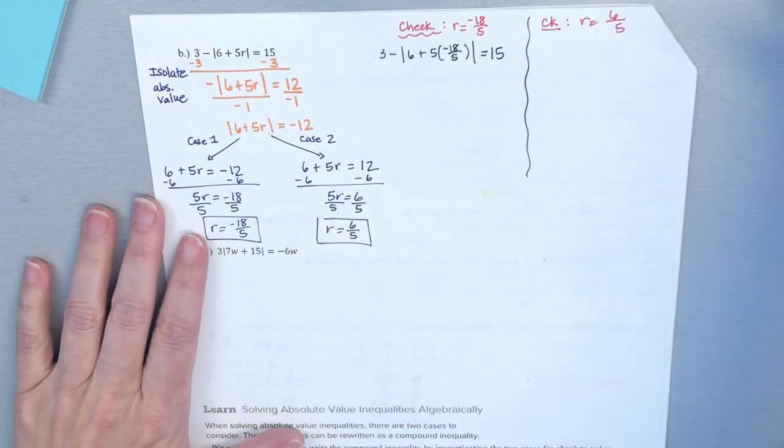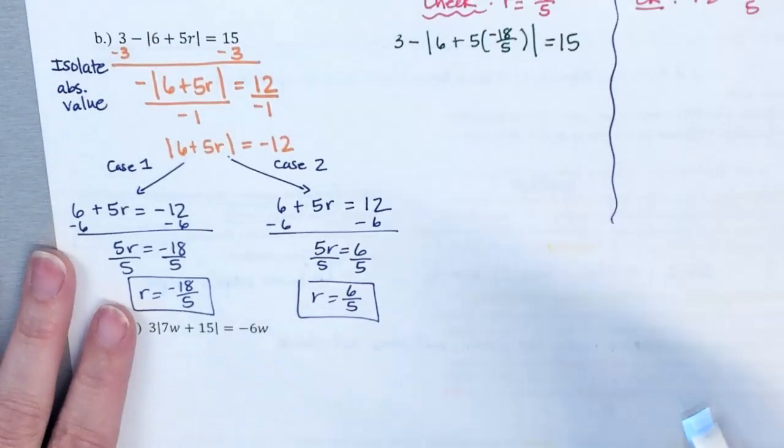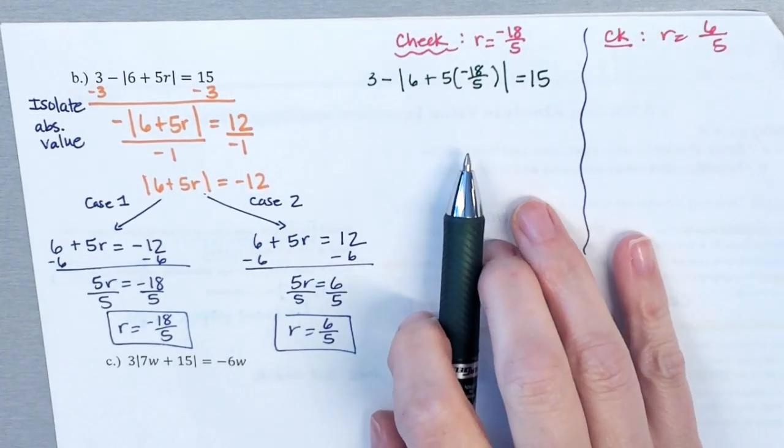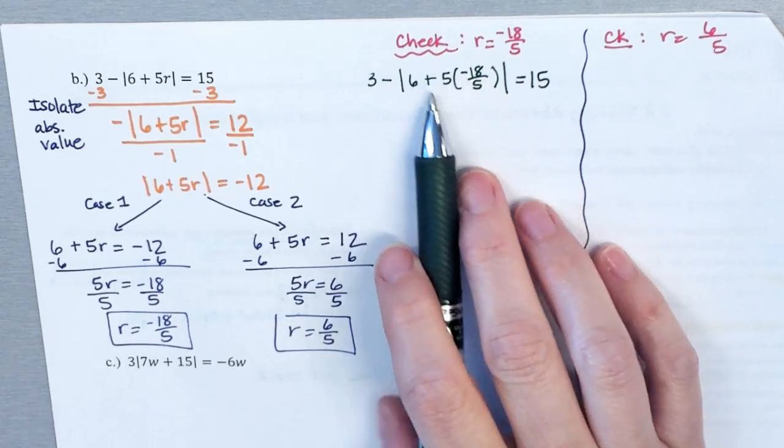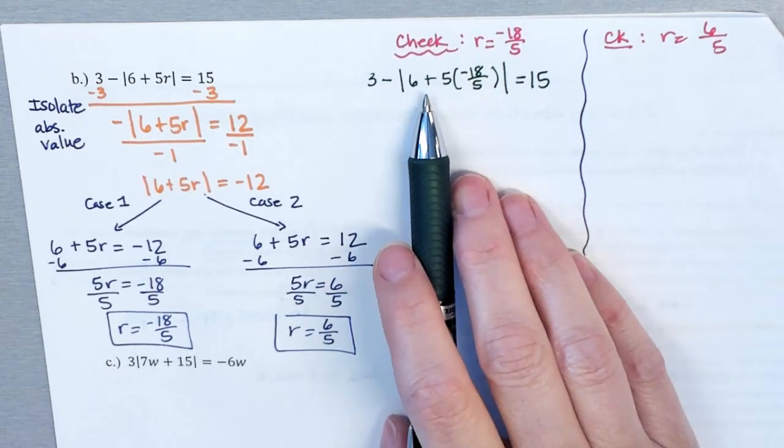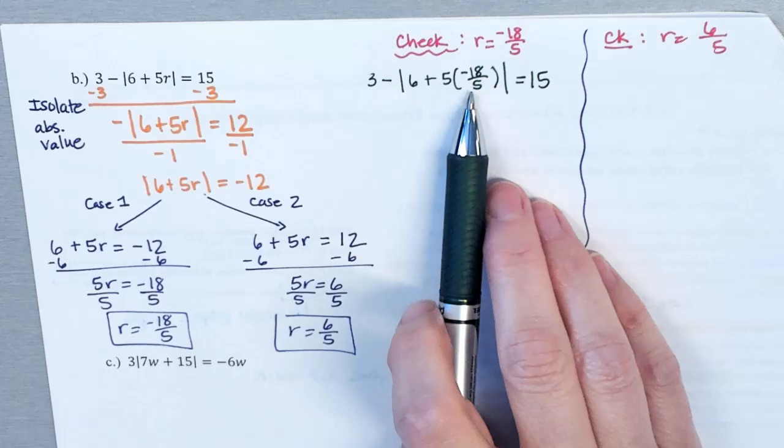When you are solving, think of your order of operations. You have to start inside your grouping symbols, and then you can multiply before you add or subtract.